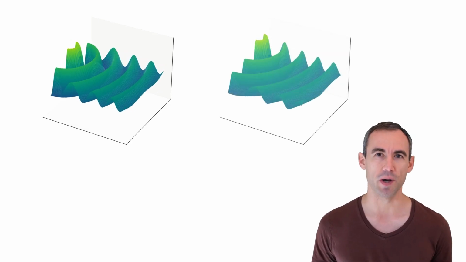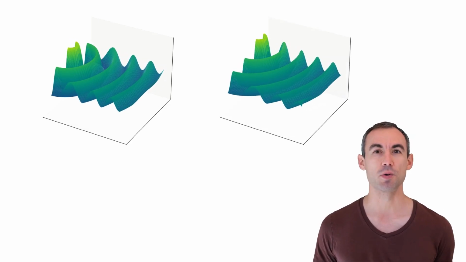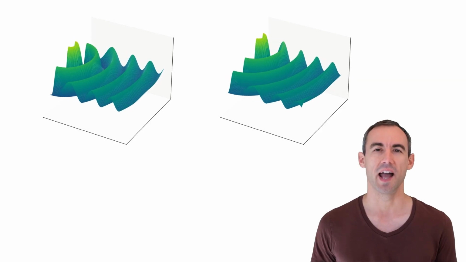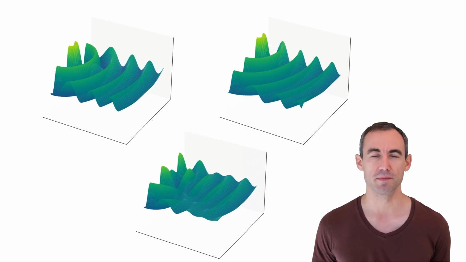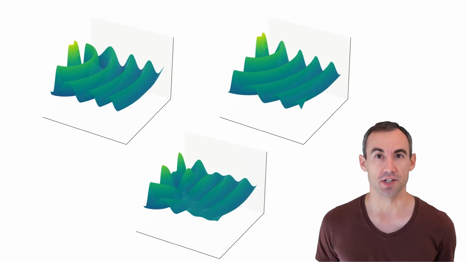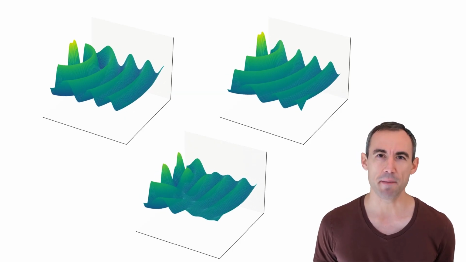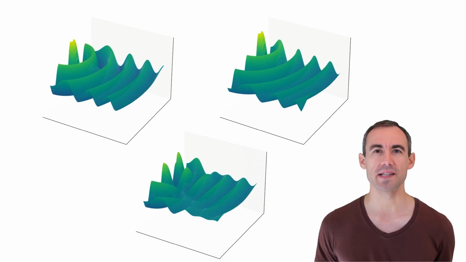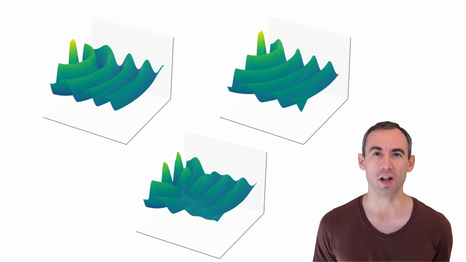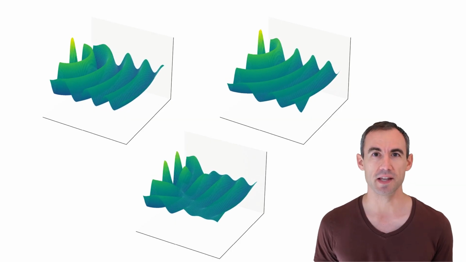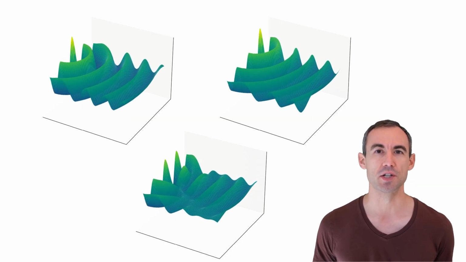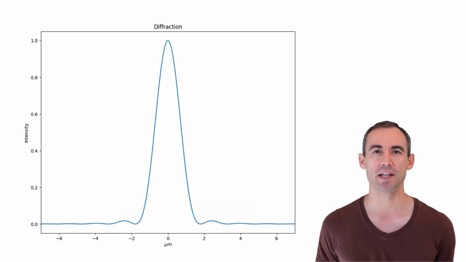This is another point on the aperture, and it gives rise to a wave like this one. And those two waves interact with each other. In some places they reinforce each other, and in other places they cancel each other out. And that happens not just for the 2 points that I've shown here, but for all infinitely many points on the aperture. And the result of the interference among all those individual waves is the Airy pattern that we saw before.